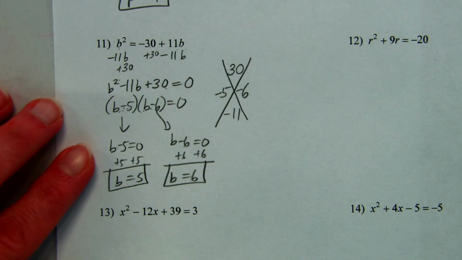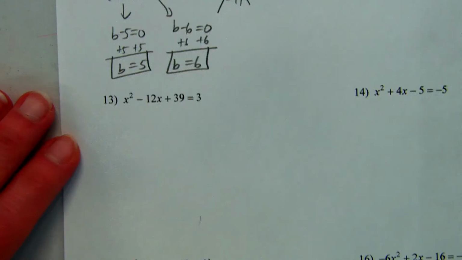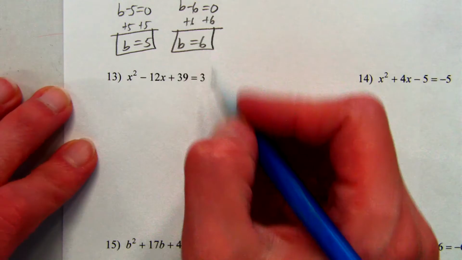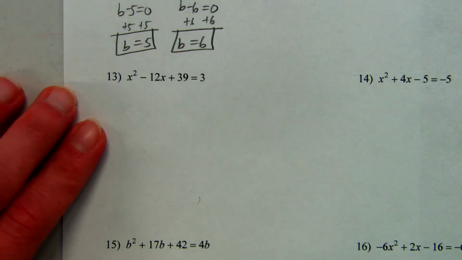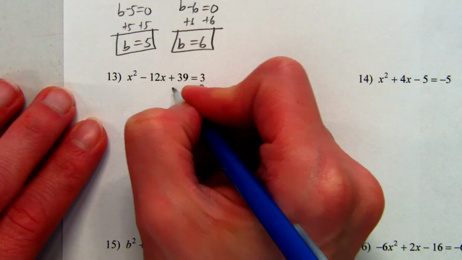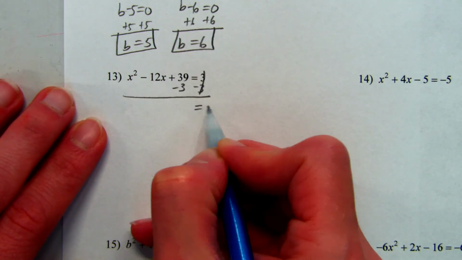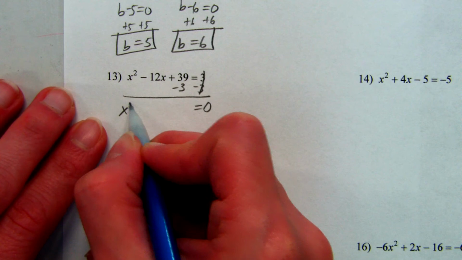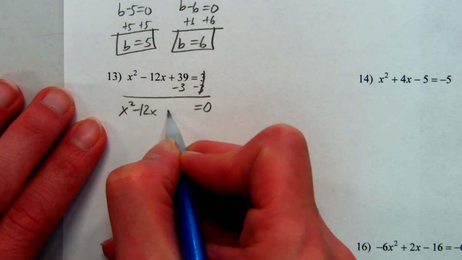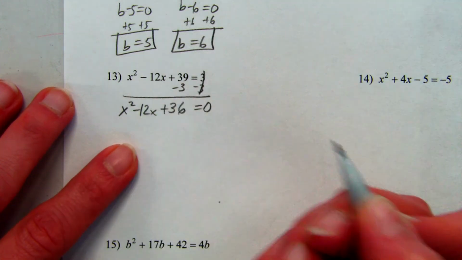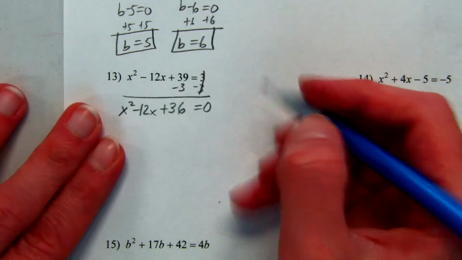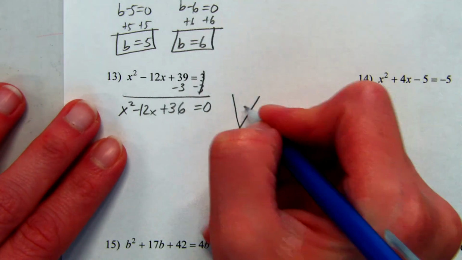Okay, so let's go down to number 13. So what do I need to do first? Subtract the 3, and it's going to subtract from this 39 since those would be like terms. So that gives us 0 here. I'd have x squared minus 12x plus 36. So it's another one of these.